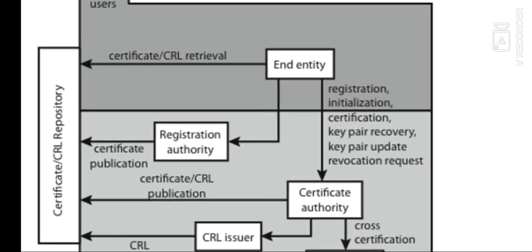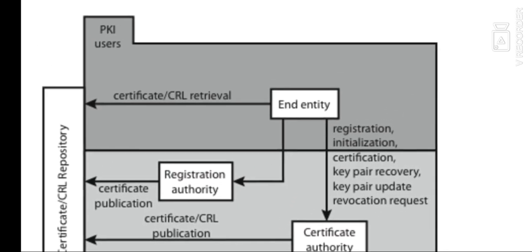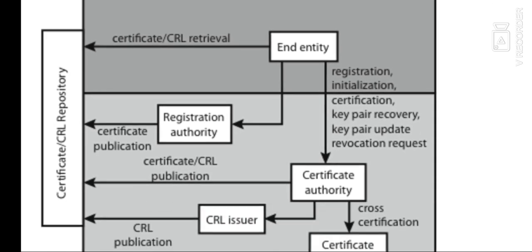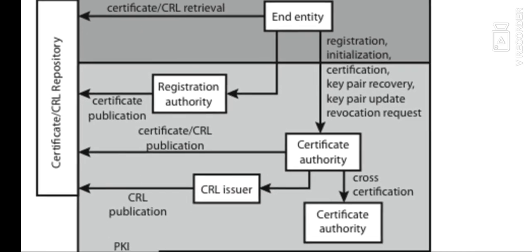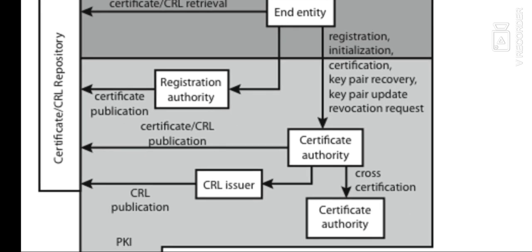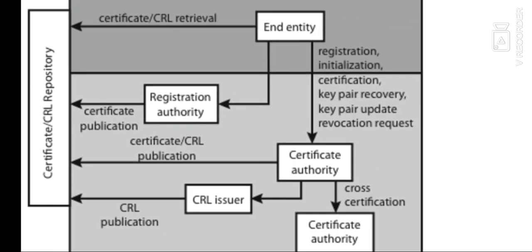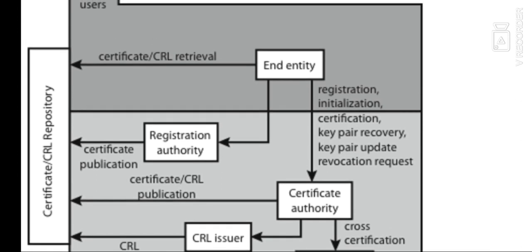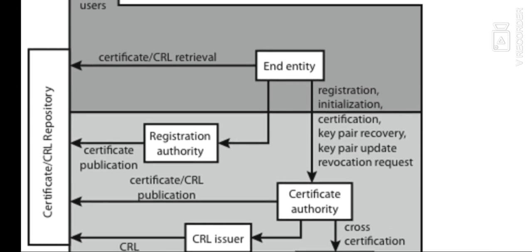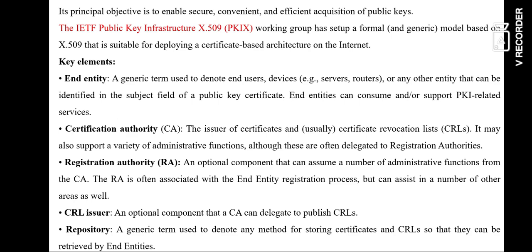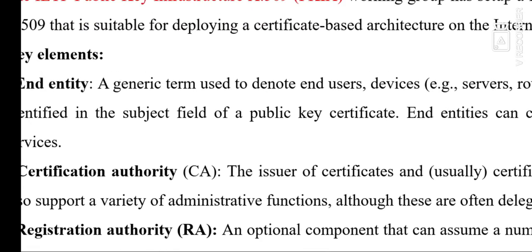From the figure we can find some basic key elements in this model. They are end entity, registration authority, certificate authority and a CRL issuer. And we have several functions also related to the key entities. What is PKIX?